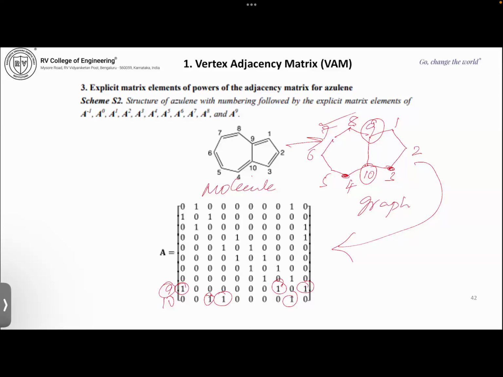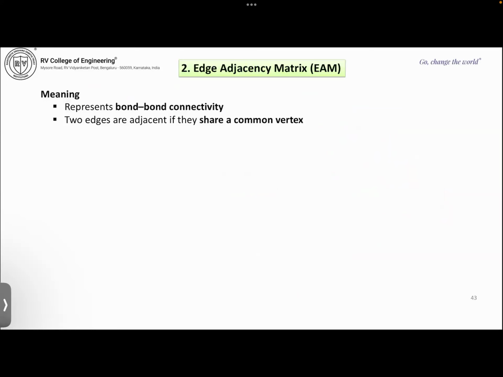Okay. So this molecule is converted to a graph, and the graph is represented as a matrix. So that is about the relation between the atoms in a molecule, that is called the vertex adjacency matrix.